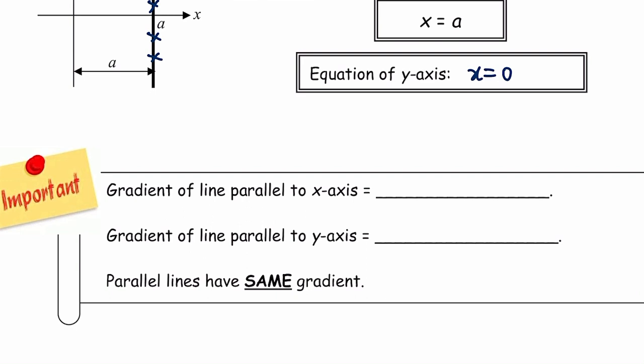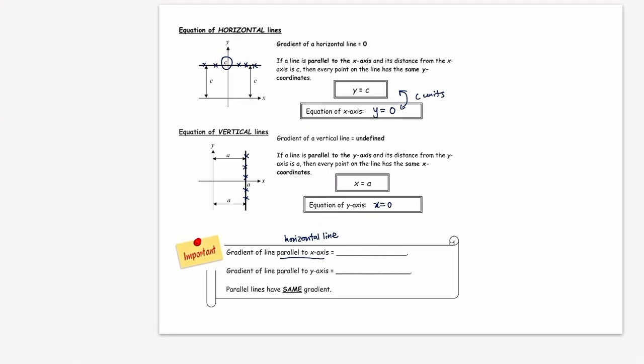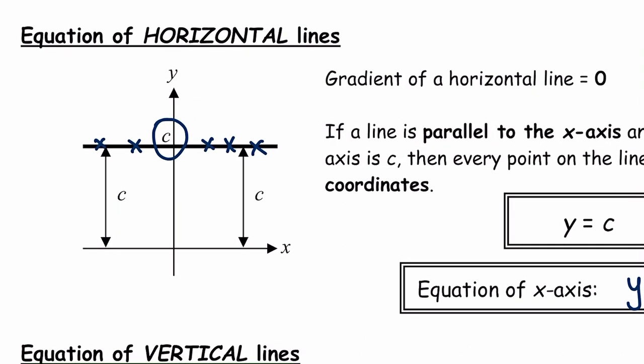Alright, so the gradient of the line parallel to the x-axis is basically the horizontal line, right? And if you were to look at the horizontal line, think of it as your horizontal flat ground, and imagine you are walking along this line.